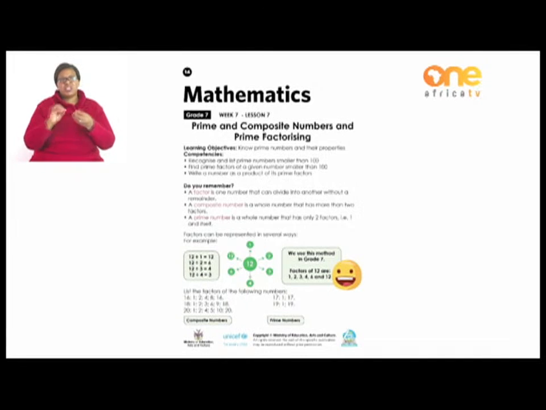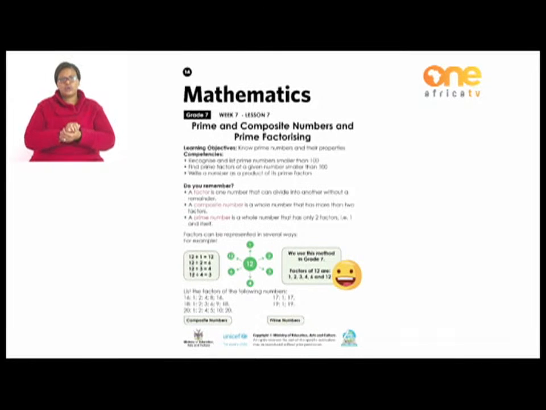Factors can be represented in several ways. For example, if you divide 12 by 1, you get 12, 12 by 2, you get 6, 12 by 3, you get 4, 12 by 4, you get 3. In the middle, we have 12.